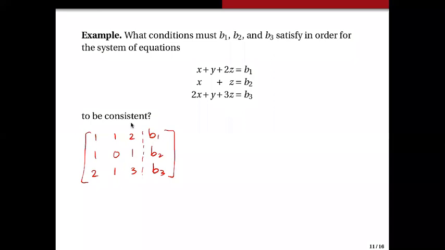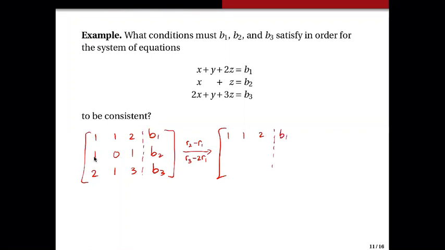So instead of interchanging these, let's just make this 0 here and this 0 here because this is already a leading one. So for this, we can have R2 minus R1. And in here, you have R3 minus 2 R1. So we just copy the first row, 1, 1, 2, B1.